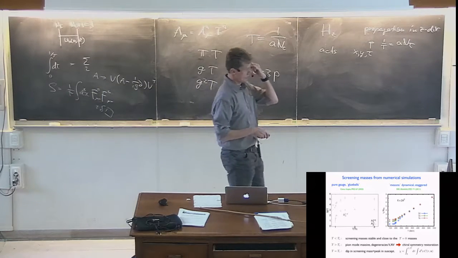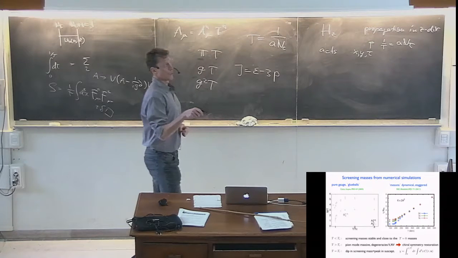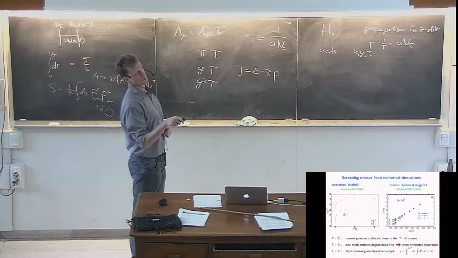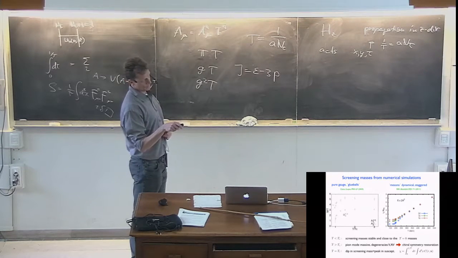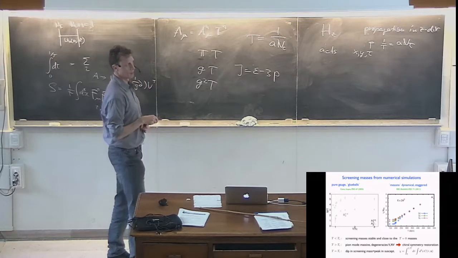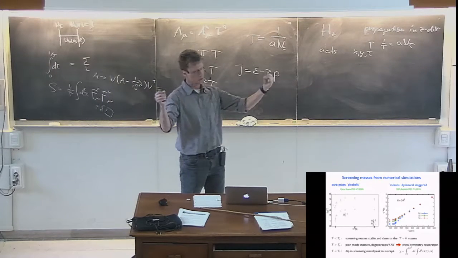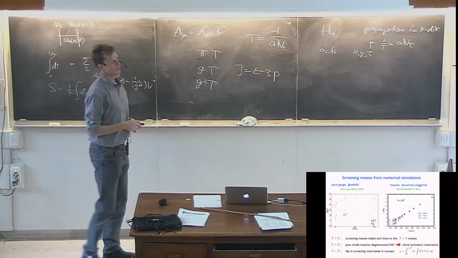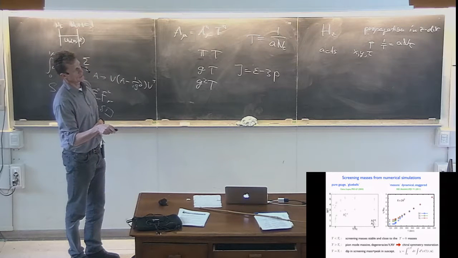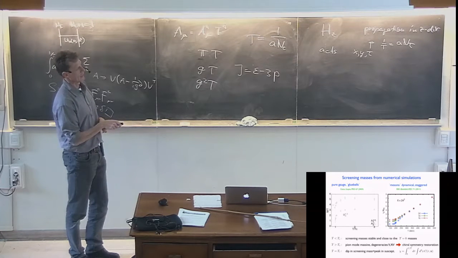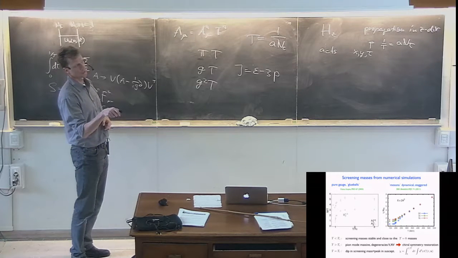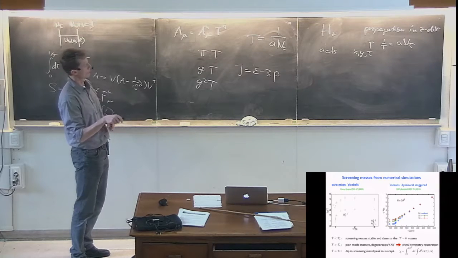Here is now a dynamical simulation. So this includes quarks, and you can, for example, look at mesonic correlation functions. And again, you have here temperature, and this is now m in units of r0, which is a constant, so this is not divided by T. And again, you can see at high temperature this rises linearly with temperature.